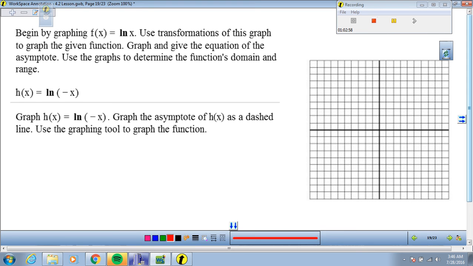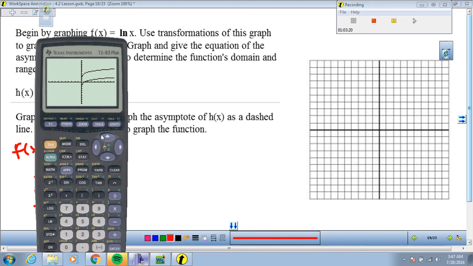Okay, now we have to do the transformation of ln of x. So the original, and then we'll say what happens when you have a negative in front of the x. But I think we talked already about this.